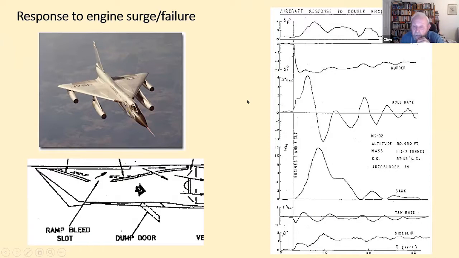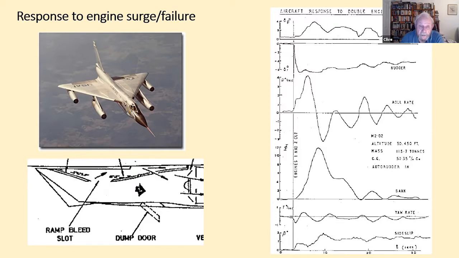A different situation on control altogether, but one which worried us at the time of the design, was the response to engine failure. Now, when we started out, the only real experience was on the B-58 Hustler, and that had a rather unfortunate history in terms of engine failure.